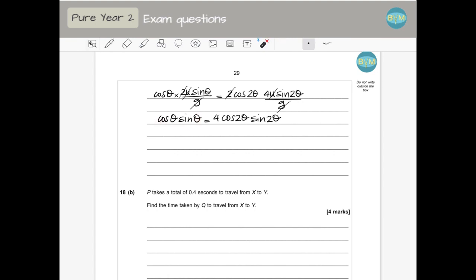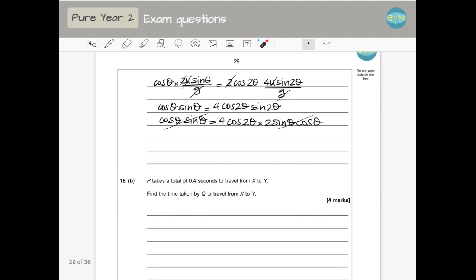And I know that sin 2θ is 2 sin θ cos θ. Using the double angle formula, I can cancel these, and I can cancel because none of them are going to be 0. Yeah, θ is going to be an acute angle, so I know none of them are going to be 0. If not, be careful, because one solution could be when sin θ is 0 or cos θ is 0.